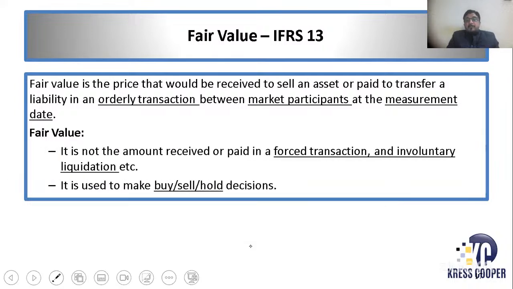Fair value is not something where you are forcing someone to a certain value. It is not the amount received or paid in a forced transaction or in voluntary liquidation. It is used to make buy, sell, hold decisions.